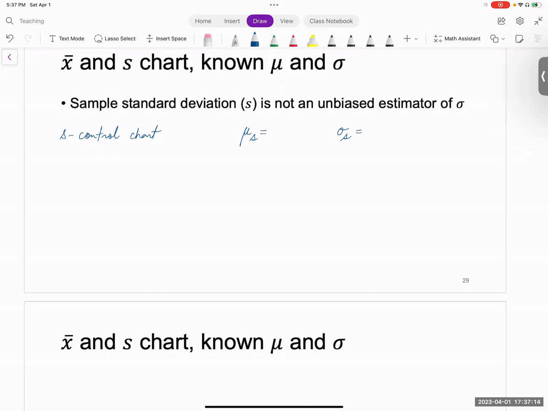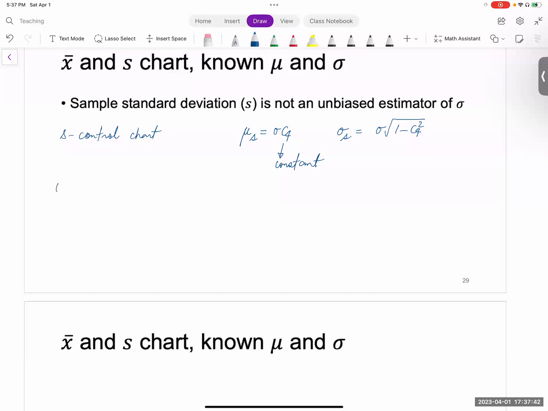Now again, just like range, some of these results already exist for us. We don't have to derive them, we can just use them. Mu of S is sigma times C4, and sigma of S is sigma times square root of 1 minus C4 squared, where C4 is a constant. Again, this constant is available in the appendix of constants.